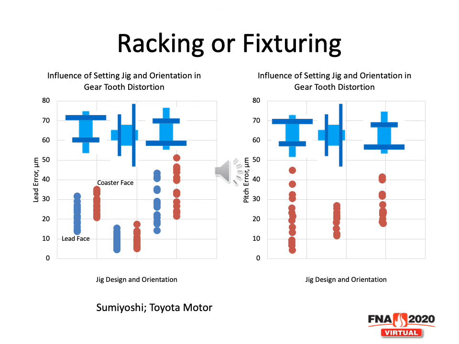They saw that when they quenched it sideways, they saw much less distortion on the lead face than the coast face. And they saw much less variation when they put the gear in face going in vertically, and they got reduced lead and pitch error between the two parts.